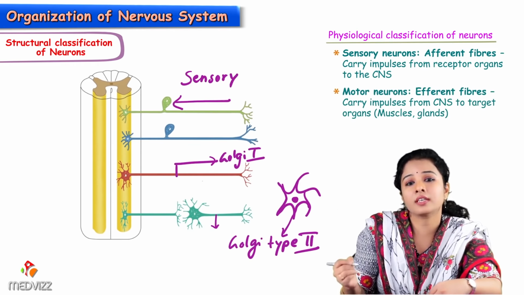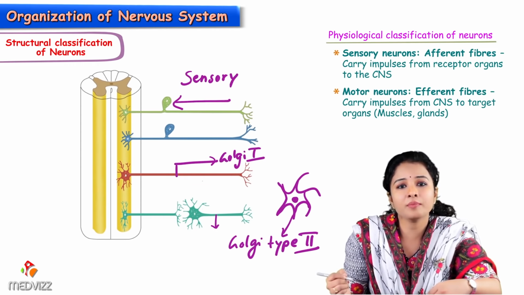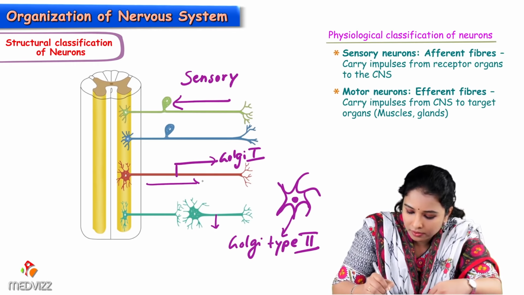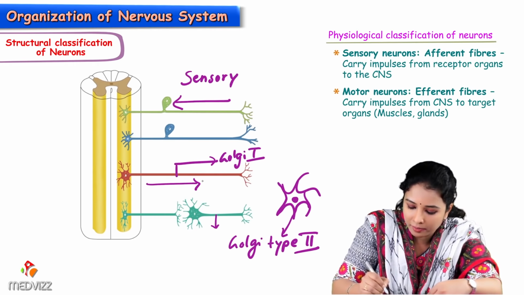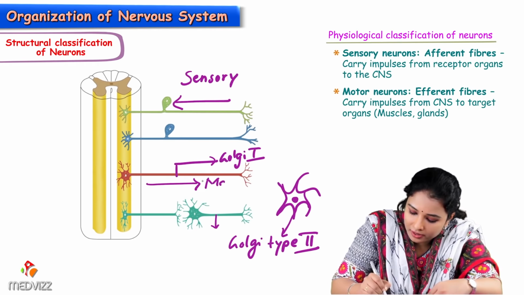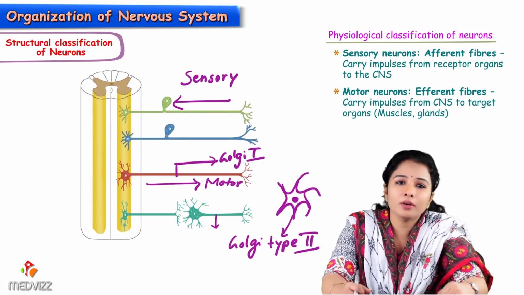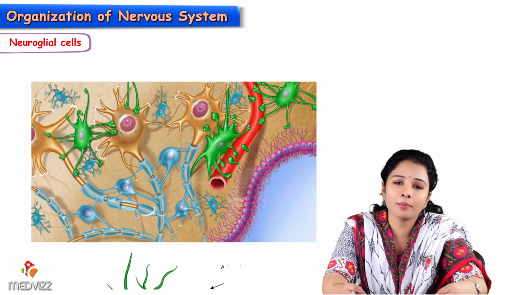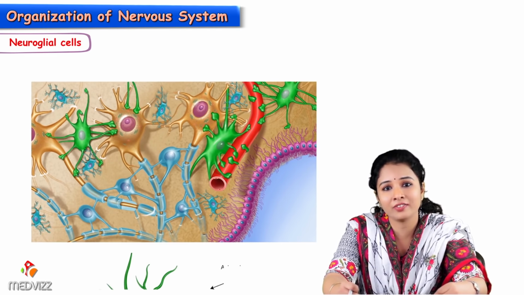Motor neurons carry impulses away from the central nervous system, so they are efferent. So that is all about the neurons, and next we shall start with the neuroglial cells, which are the other type of cells present in the central nervous system.